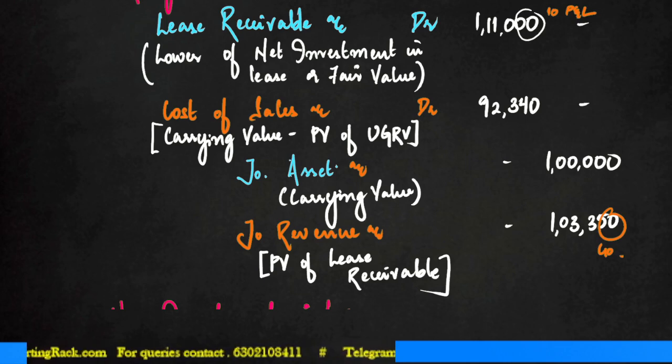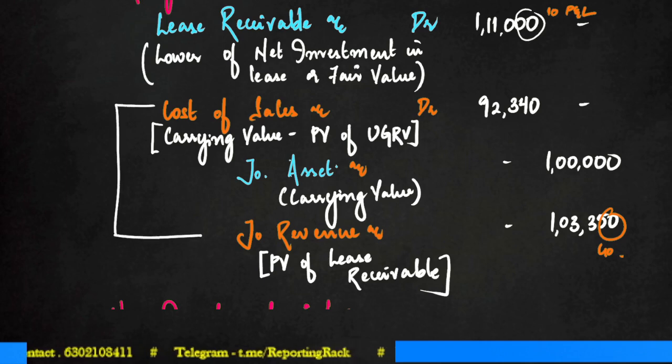Now, this is the entry which should be recorded in the books of the dealer lessor. The dealer lessor's income in P&L is the difference between these two items: the carrying value minus present value of UGRV, which is written as cost of sales, minus revenue 1,03,340.